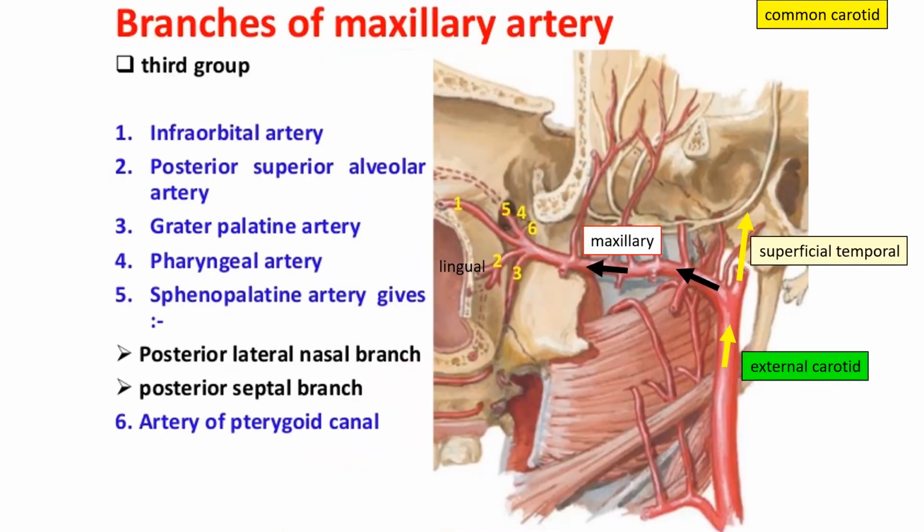This is a closer look at the maxillary branch of the external carotid, where you can see that as it enters the infratemporal fossa, it gives around 15 branches in this infratemporal fossa and the maxilla at the front of this fossa.